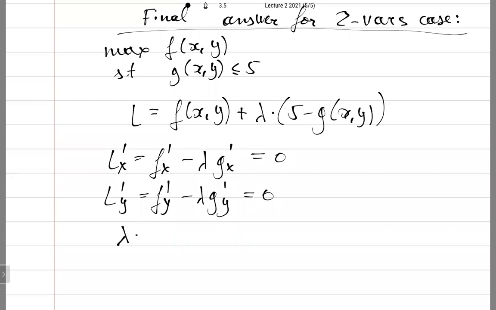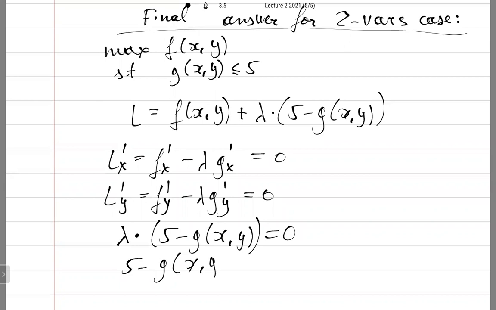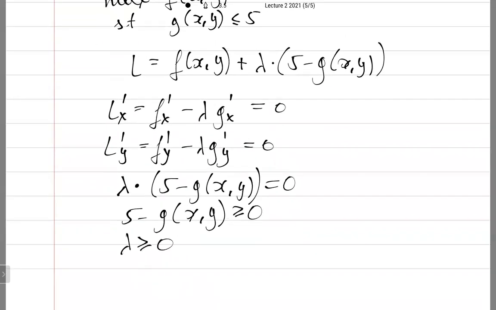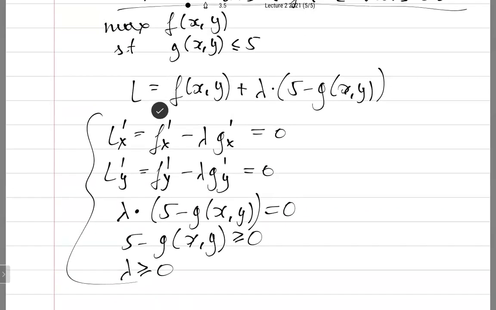Lambda times (5 minus g of x and y) should be 0. 5 minus g of x, y should be greater than or equal to 0, and lambda should be greater than or equal to 0. And basically, we have discovered first order conditions for that problem. Any questions?